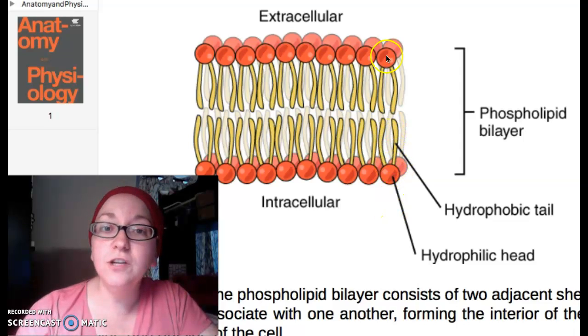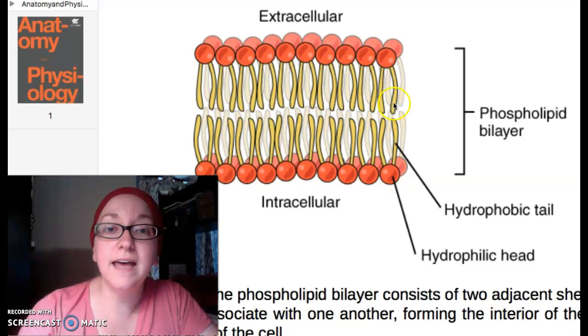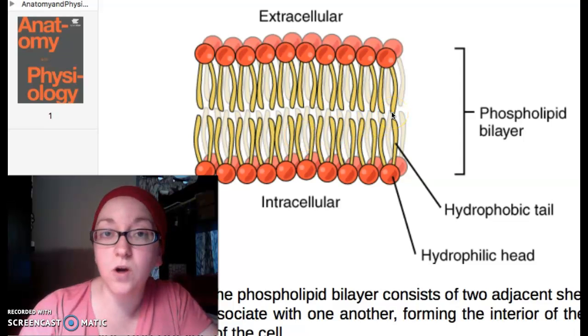So if you look at this arrangement, and this is the outside of our cell membrane, it's phospholipids in a bilayer. They actually turn one to the outside and one opposite so that those tails are in the center and the heads are on the outside of the cell and the inside of the cell. And that hides the hydrophobic tails from the large water quantity, right? We are made of a lot of water.